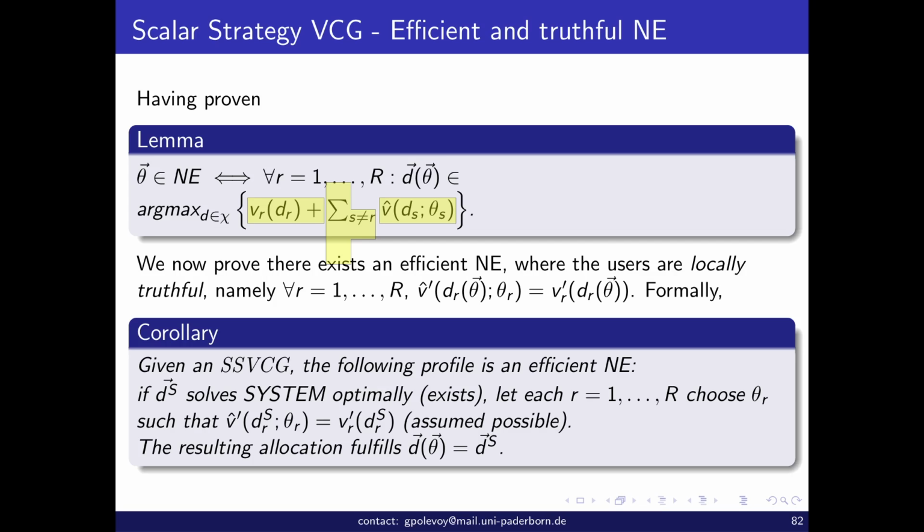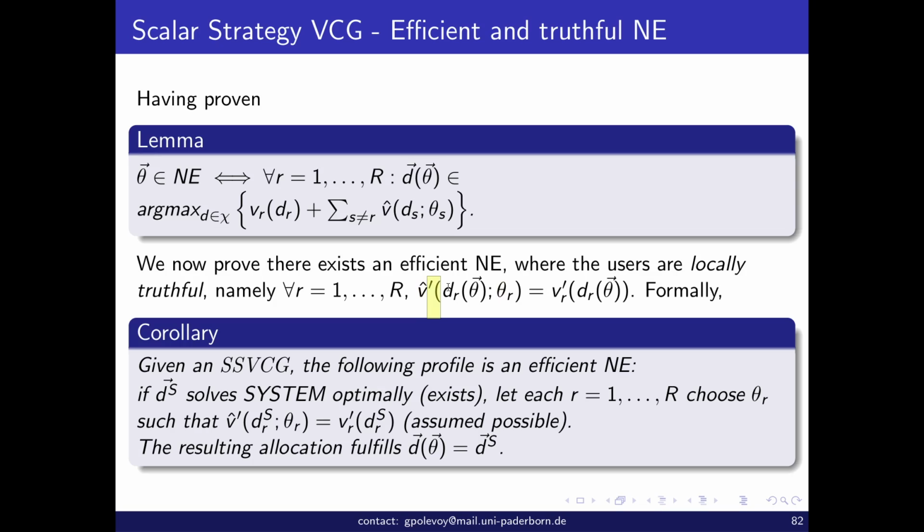We're going to prove that there exists an efficient Nash equilibrium where the users are locally truthful. What does it mean? That the derivatives at the point where they choose their theta are equal to the derivative of the original function. So what they report, if you look at the function they report based on player r reports theta r, the function is simply this v hat of theta r.